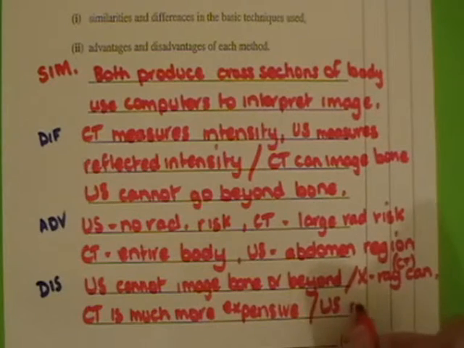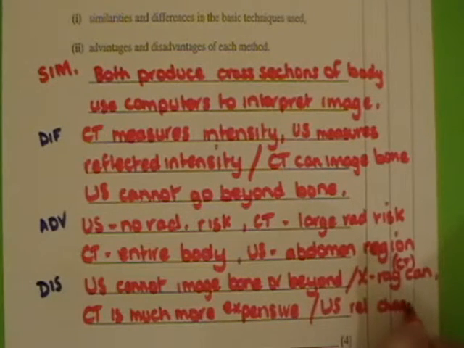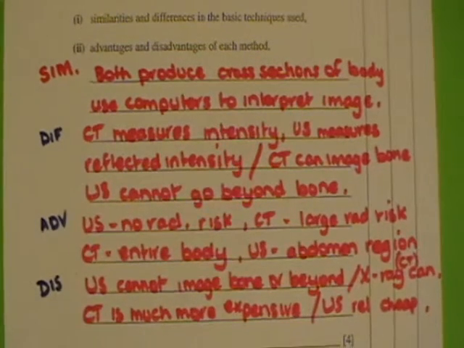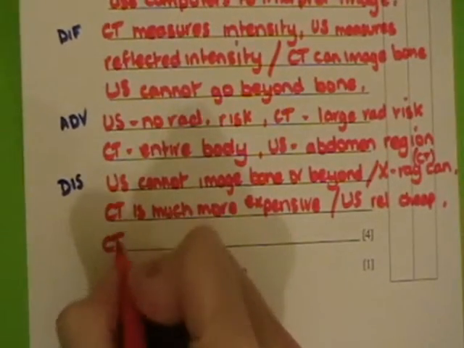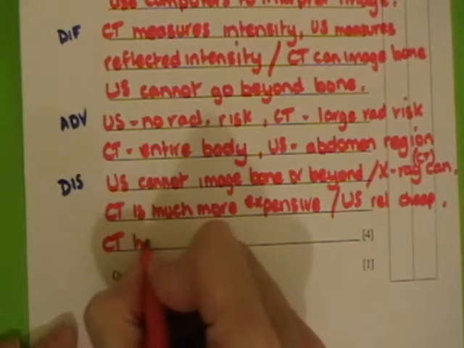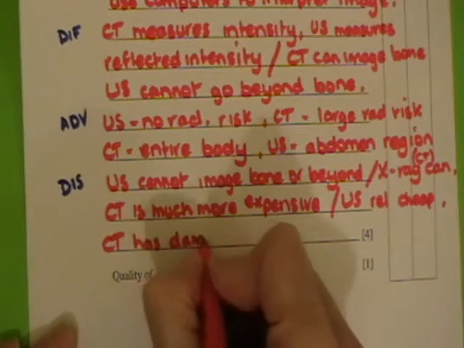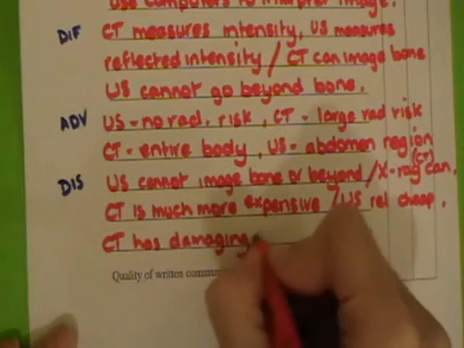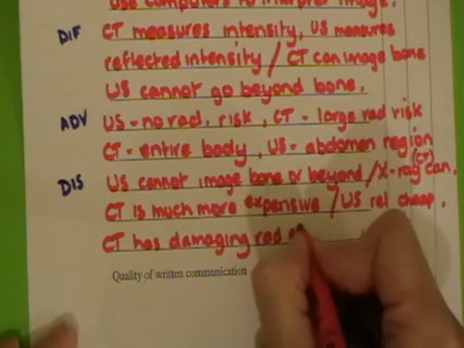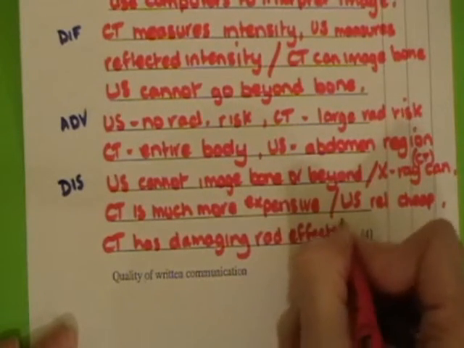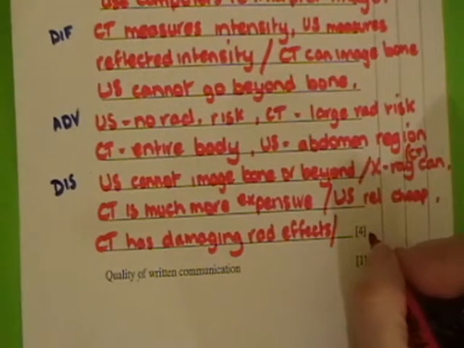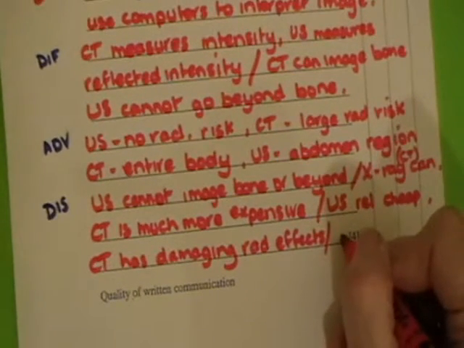Ultrasound is relatively cheap. And of course the biggest disadvantage with CT scan really is that CT scan has damaging radiation effects. And ultrasound is none.